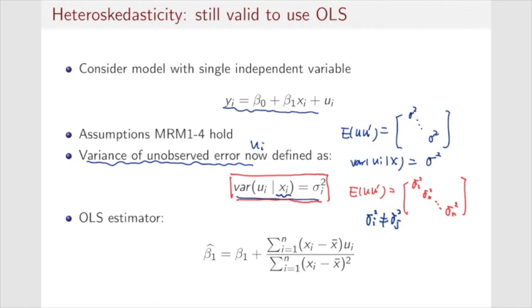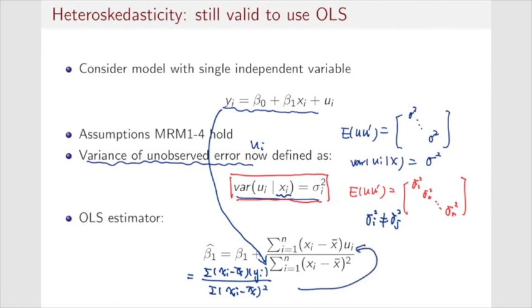Given this new specification for the variance of the error term, now we can similarly derive the variance of beta 1 hat. We first simplify the formula for beta 1 hat, which is equal to the sum of (x_i minus x bar) y_i divided by the sum of (x_i minus x bar) square. And if we replace this y_i into the formula, we will have this term.